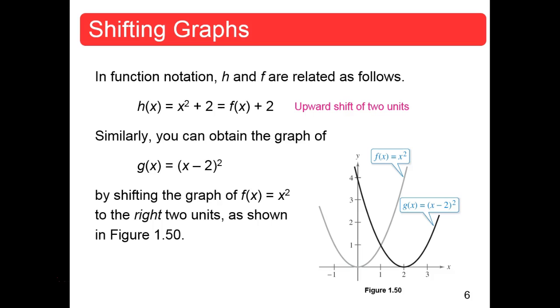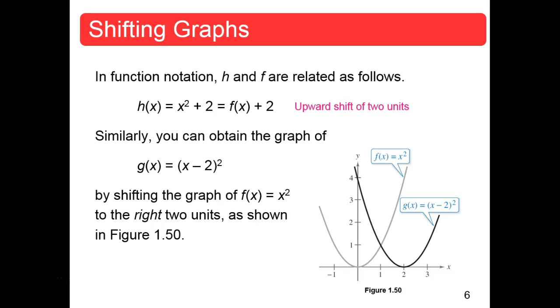This is what we just said. Another way of looking at that, if f of x is your parent function x squared, this is f of x plus 2. So basically it's shifting the whole graph up 2 units. But what happens if we move the 2 inside the parentheses and you're subtracting 2 from x? Guess what kind of thing is happening there?